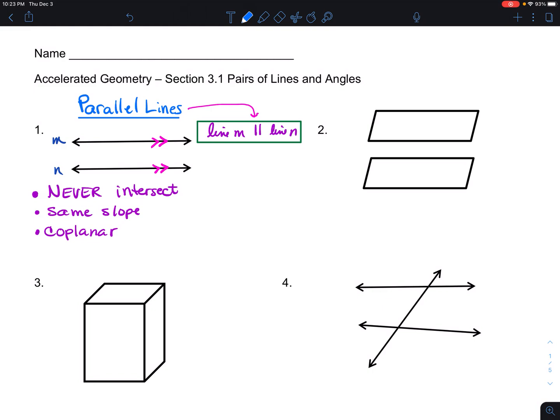Number 2, what we have here is a picture of parallel planes.